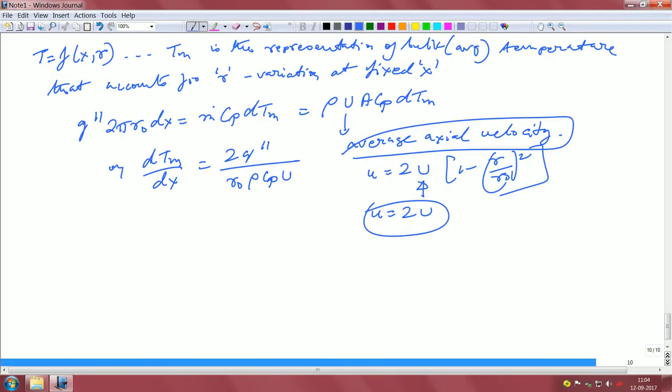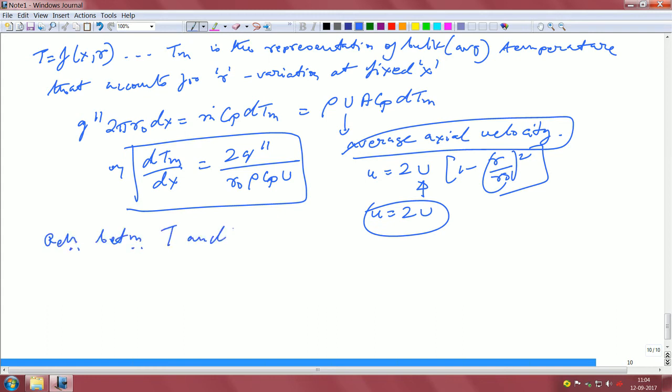Now, this is the average axial velocity, therefore, that is what we have used over there. Remember, we said that we are going to use the momentum equation as much as we can, right. So, this establishes one fundamental relationship between dTm, that means the mean temperature, and the corresponding velocity and the heat flux. This establishes how the mean temperature varies. Now, what is the relationship still between T and Tm?